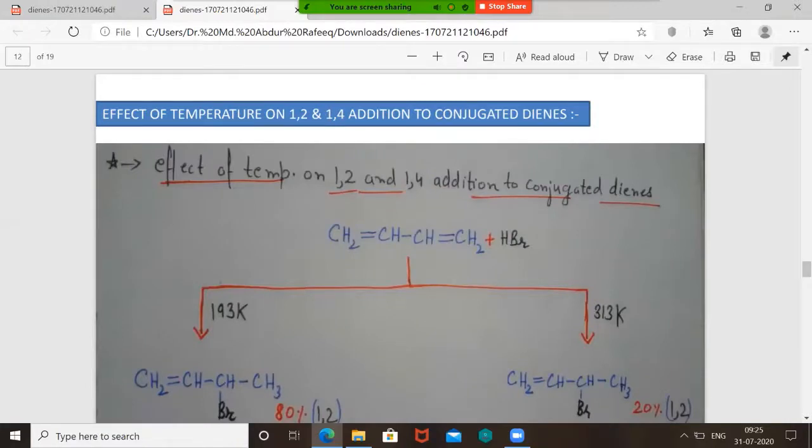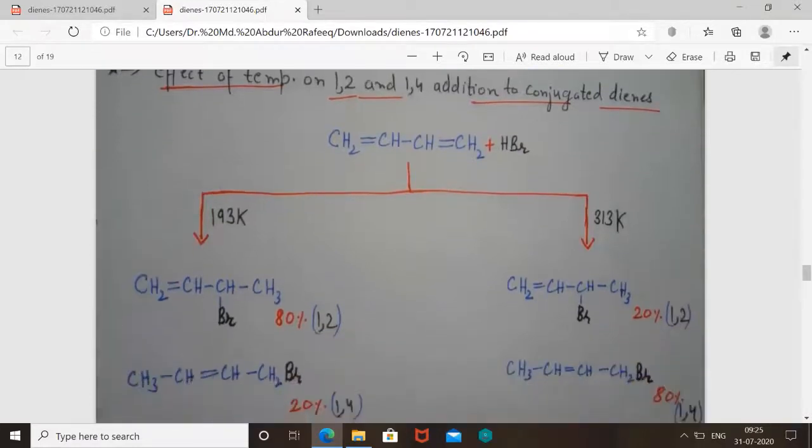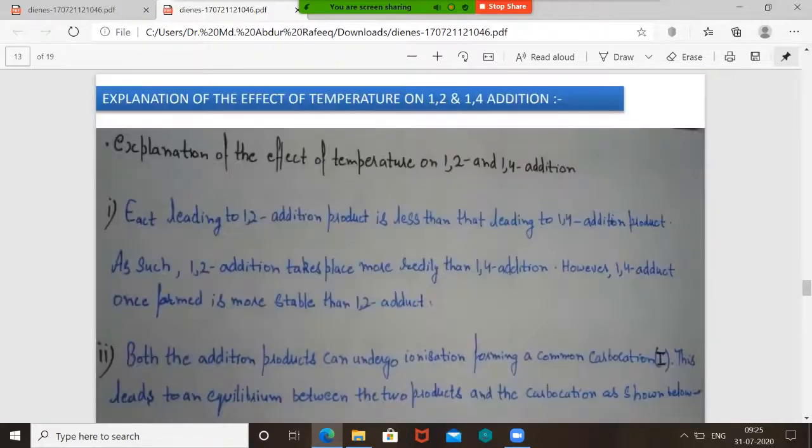What happens here? Which addition takes place, whether it is 1, 2 addition or 1, 4 addition? Two products we are getting. At low temperature, we are getting 1, 2 addition. At high temperature, we are getting 1, 4 addition. So 1, 4 addition is favored at high temperature and 1, 2 addition is favored at low temperature, in the case of butadiene.